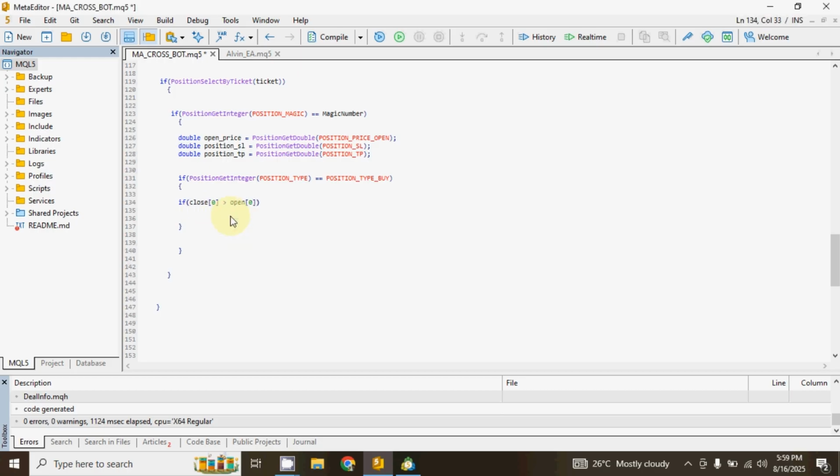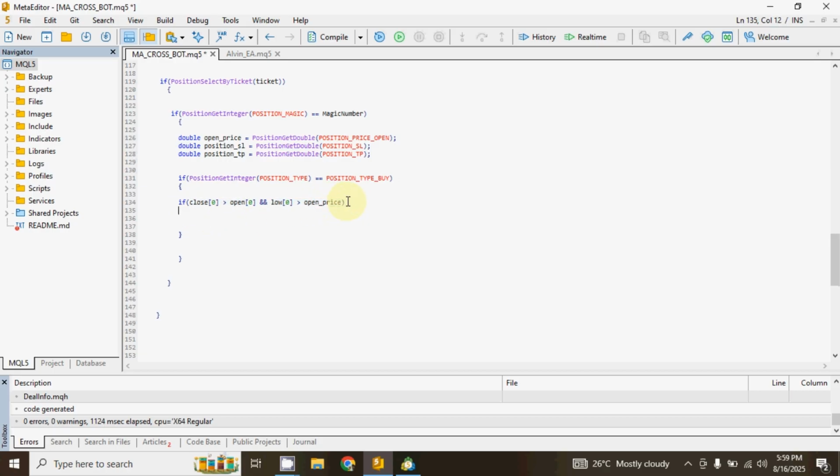This means this is a bullish bar, right? The next condition must now be that the low price, which is low 0, must be above the open price. These are the two most important conditions, right?